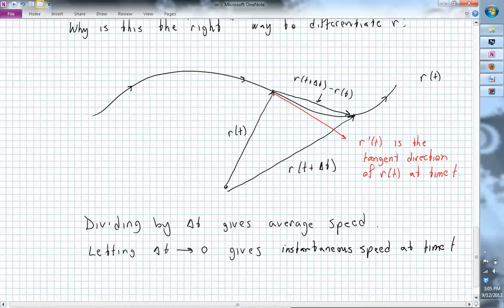R prime of t is the tangent direction of r of t at time t, and the magnitude is the speed.